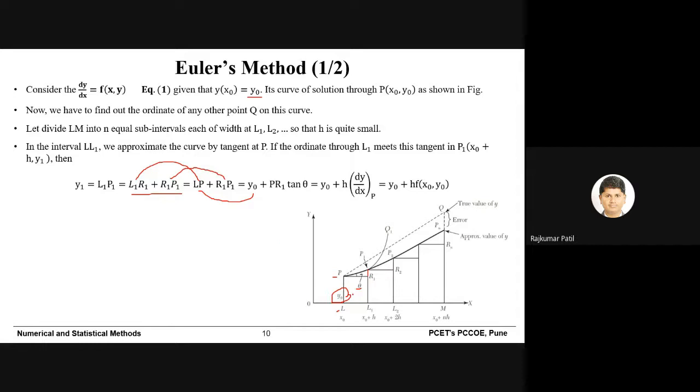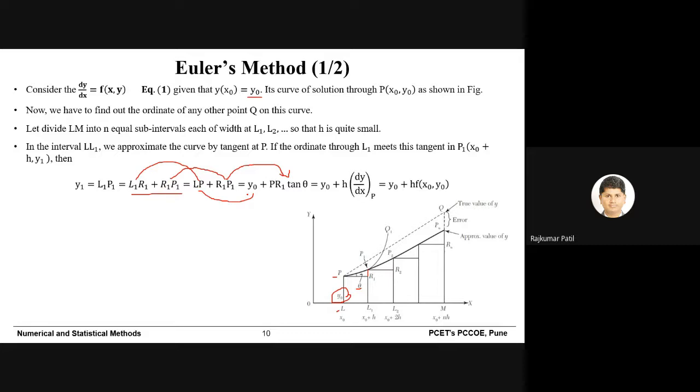So if we take tan theta, then tan theta will be R1P1 divided by PR1. That equation can be rewritten as R1P1 equal to PR1 tan theta.